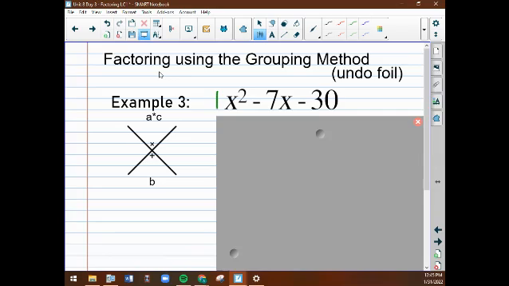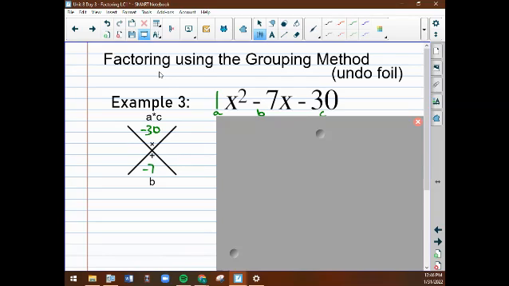Remember, a is 1, b is negative 7, and c is negative 30. So a times c is 1 times negative 30, which is negative 30. That's what I want these numbers to multiply to, and then I want them to add to negative 7.